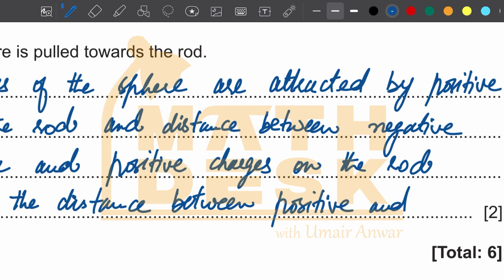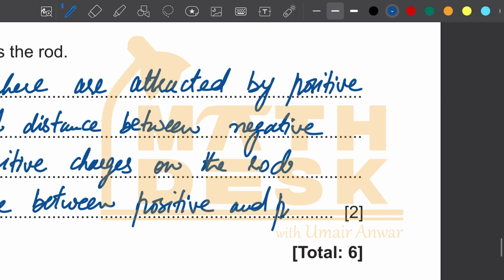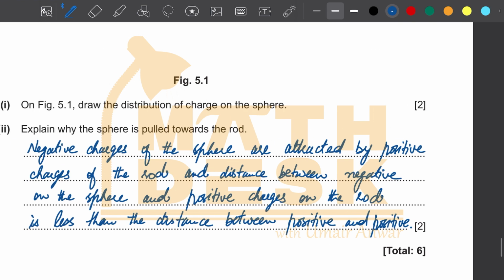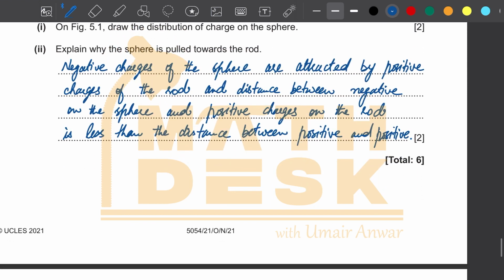So that is why the repulsive forces are not that stronger the way the attractive forces are. So that is why the sphere is attracted towards the rod.